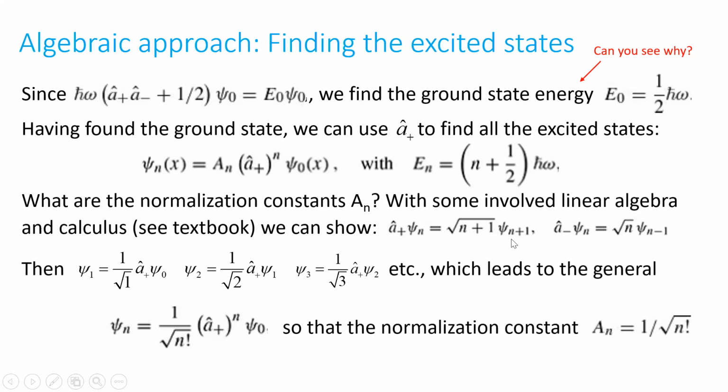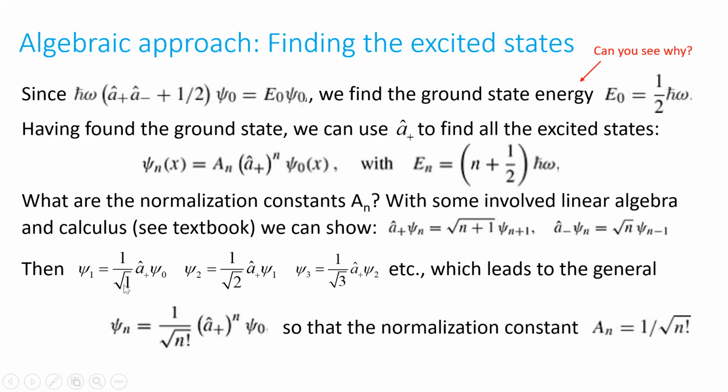For n equal 2, we have psi 3 here. We have the square root of 3 because it's 2 plus 1. We divide by the square root of 3, and a plus psi 2 over the square root of 3 is equal to psi 3.